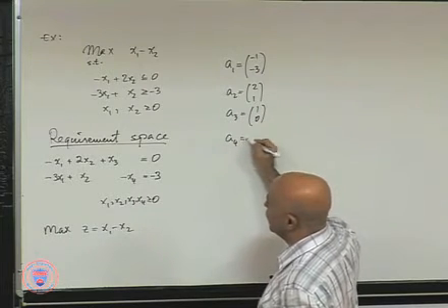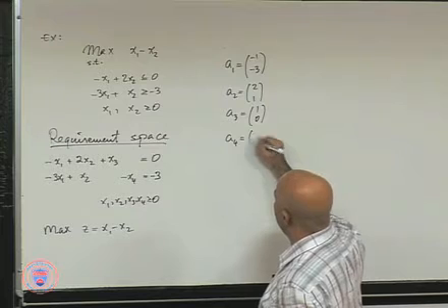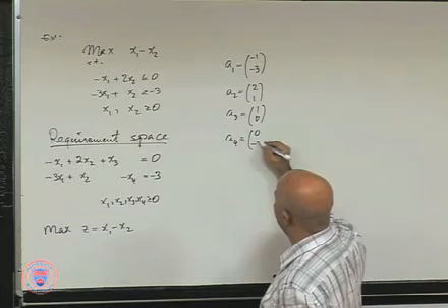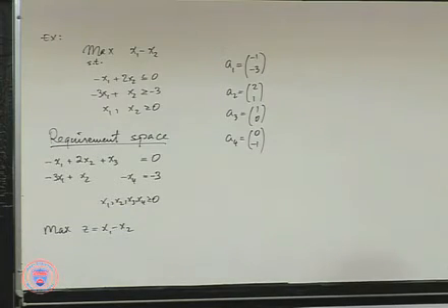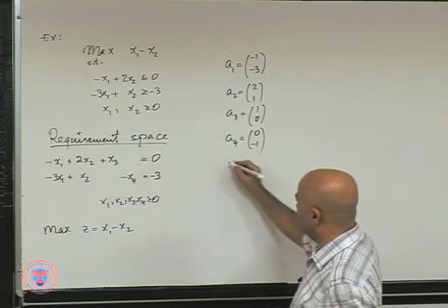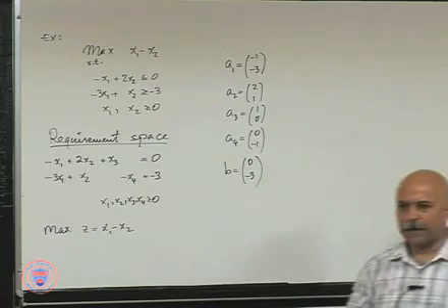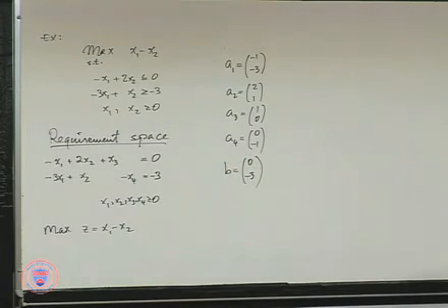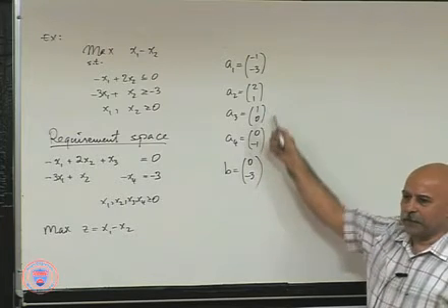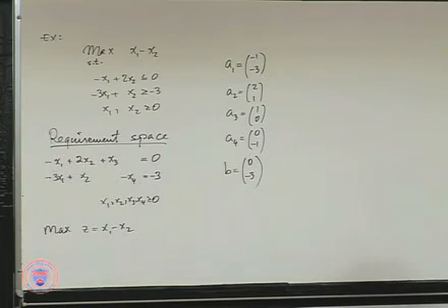A4 is 0, minus 1. These are the vectors. And the B vector is, as you see, 0, minus 3. So the question is: is B in the convex cone of these vectors?